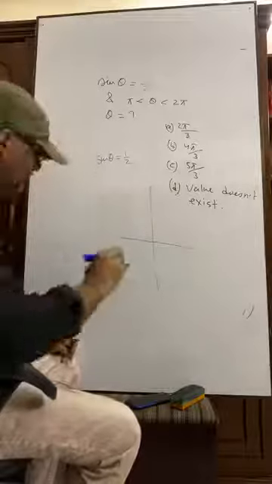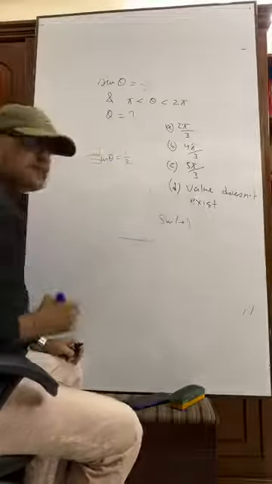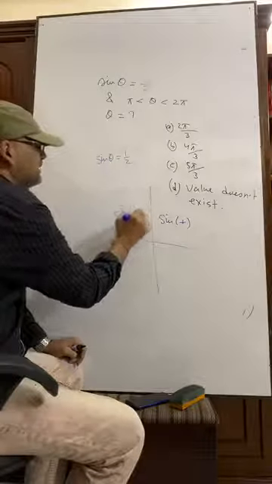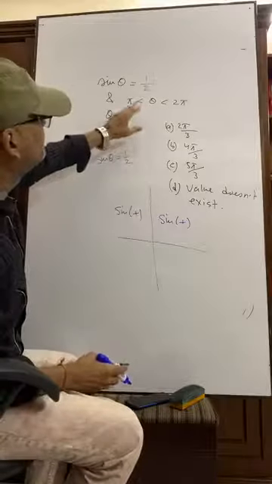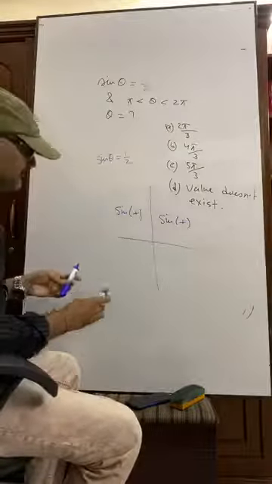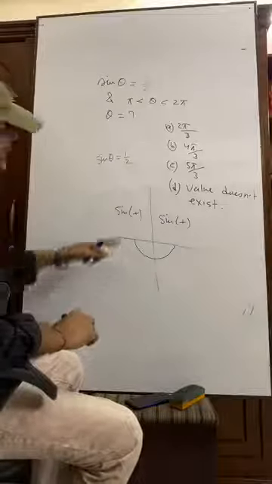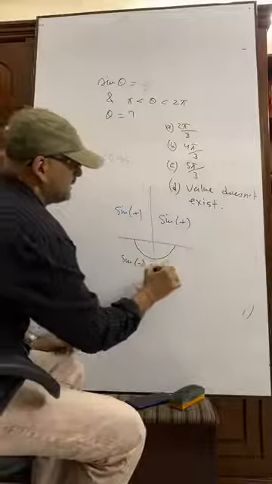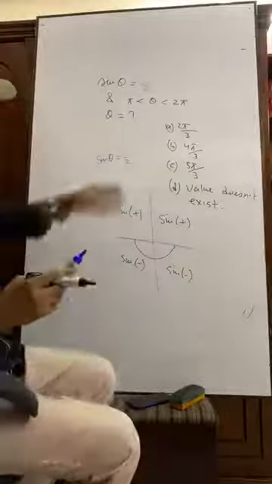And we know sin is positive in the first quadrant. Sin is positive in the second quadrant. But in this question our value is given from pi to 2 pi. That means this. But here sin is negative. Here sin is negative. But our value is given positive.